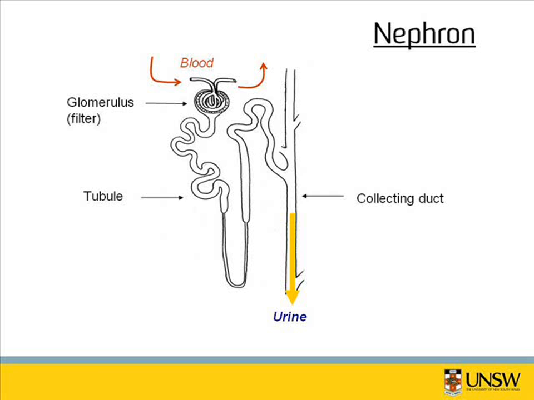They've got little holes in the wall of the blood vessels, so water and small molecules and salts go out into the space around the glomerulus, and then pass down the tubules. You can see that each glomerulus has a squiggly tubule attached to it, and then the tubules all join up in the collecting duct with different tubules coming together, and that passes the urine. So mainly what we're going to talk about today is the function of the tubules in keeping us balanced in terms of water and salt.